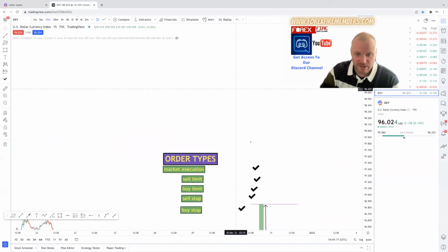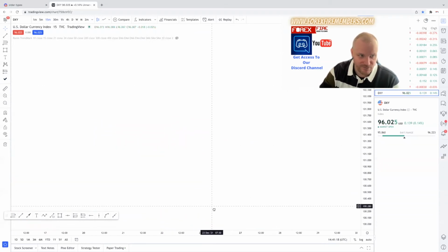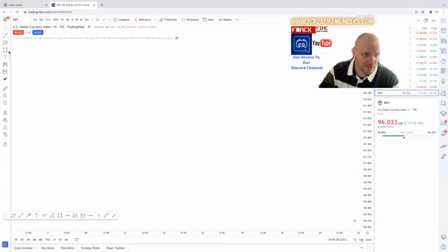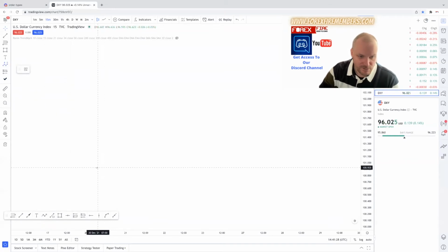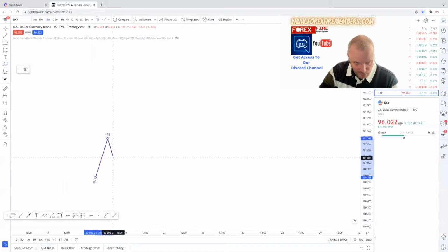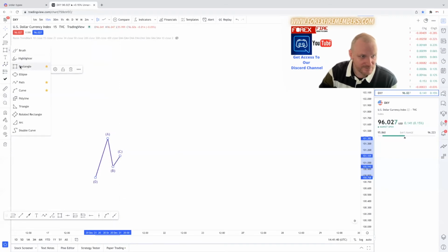I'm going to draw a few more things out for you. Let's see if I can draw this out a little bit easier as well. Price is residing here, we've got a push up, we come down. So this is where price currently is.